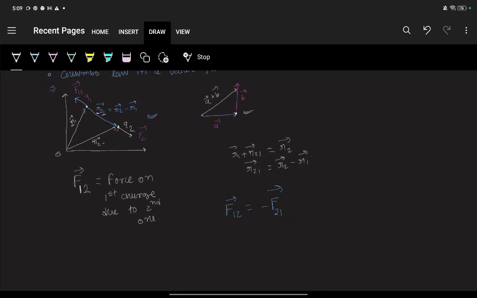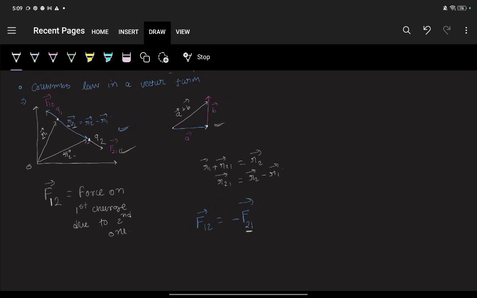What does this mean? F21 is the force on the second charge due to the first one, which is here. So how do we write F12? F12 can be given as k q1 q2 upon R12 square, multiplied by the unit vector of R12.